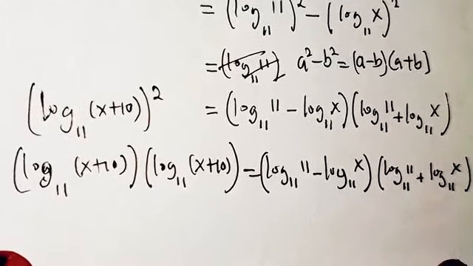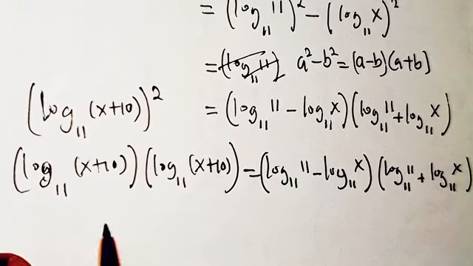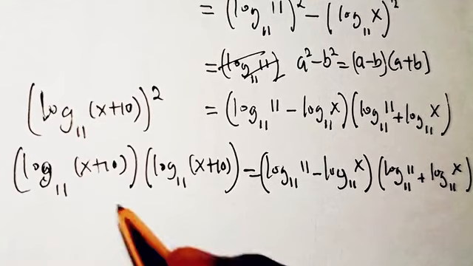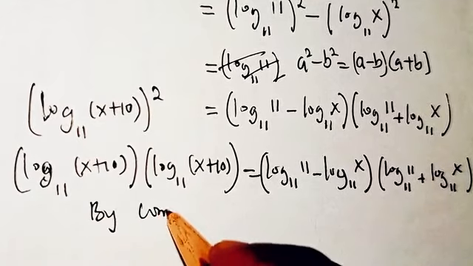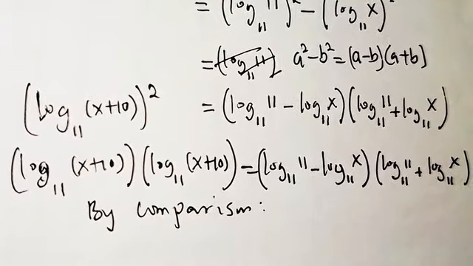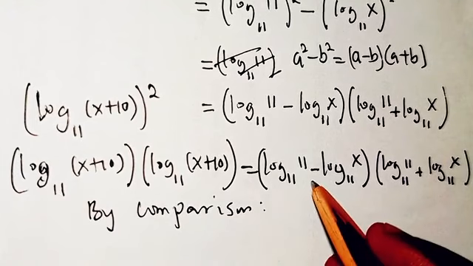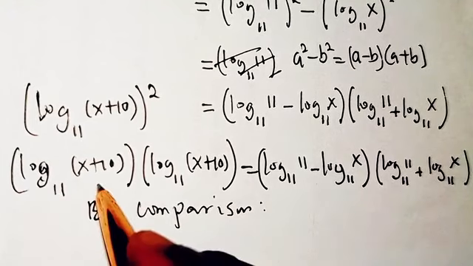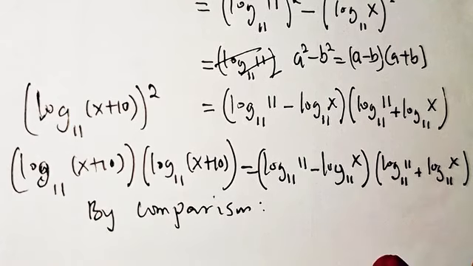So now what are we going to do here? We can see that we have something here by comparison. By the comparison method, we can see that this can be equal to this, and also this can be equal to the second one.